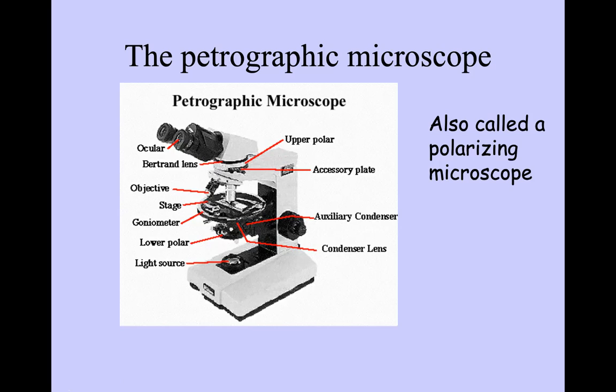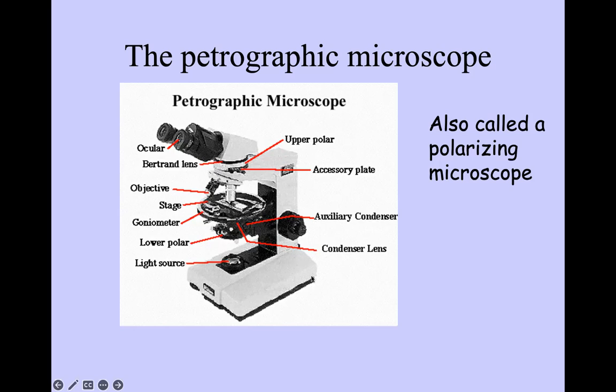Once you take your sample to a certain focal length, fine focusing can be done using this tiny knob, right? This is also rotatable. Okay, so these are the main components of the microscope.